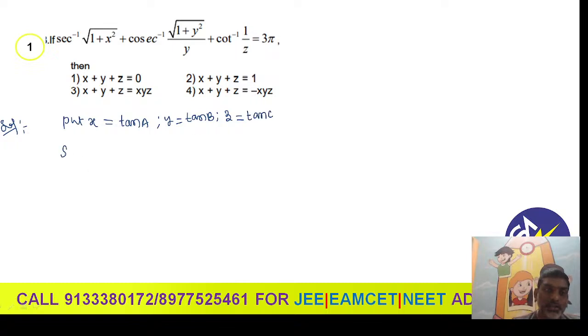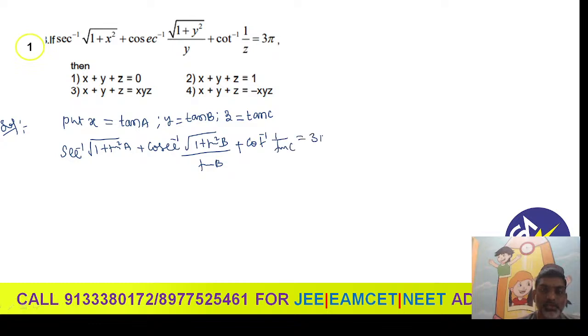So what do you get? Secant inverse of under root of 1 plus tan square a plus cosecant inverse of under root of 1 plus tan square b divided by tan b plus cot inverse of 1 by tan c equal to 3 pi. How do we write this?